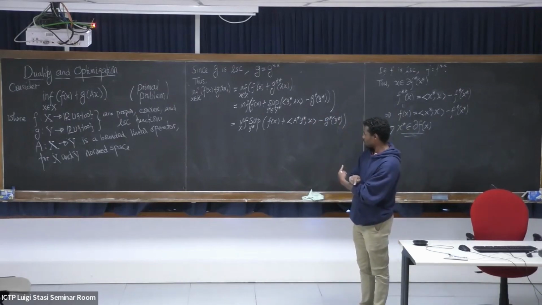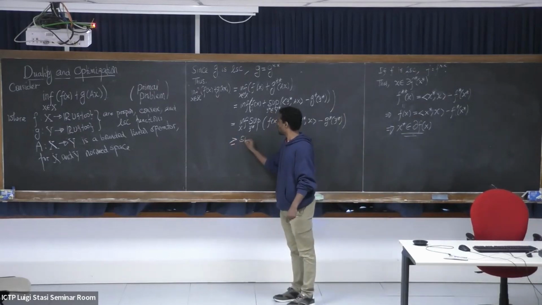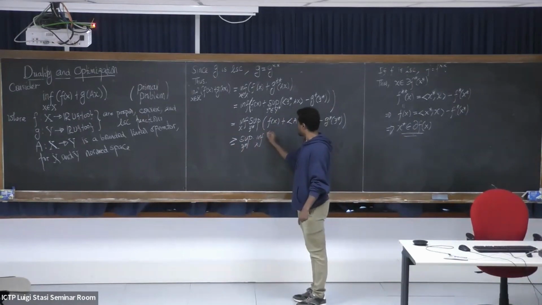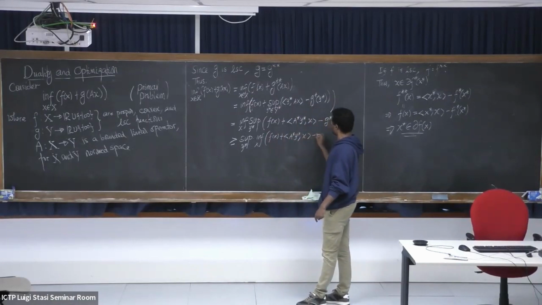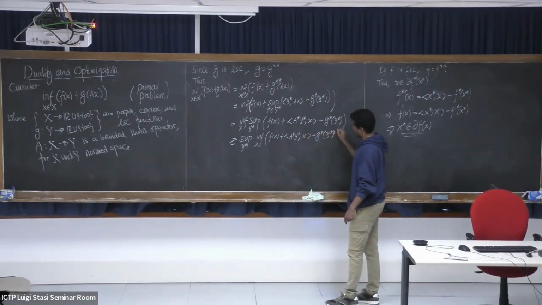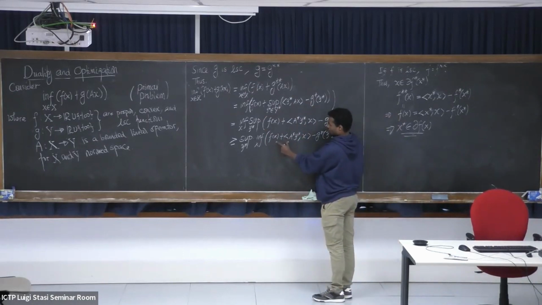Now we can interchange. If we interchange, it gives equality with the supremum over y star of the infimum over x of f of x plus the pairing of A star y star with x, minus g star of y star. So only two terms depend on x, right?